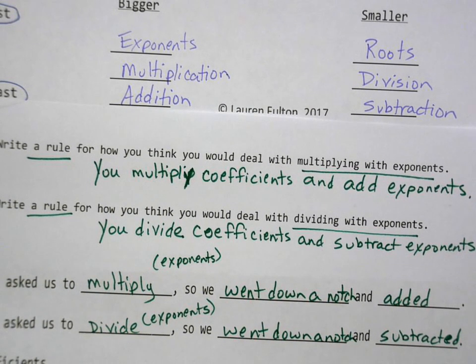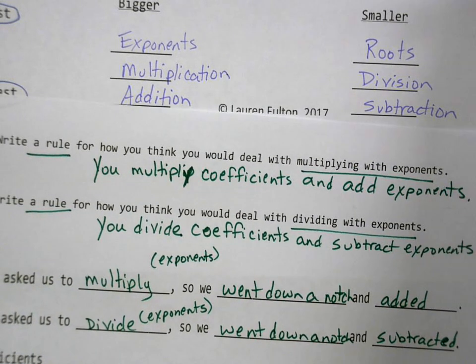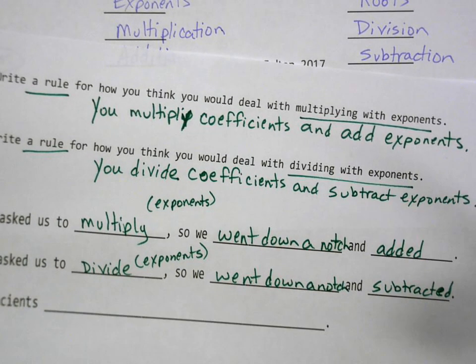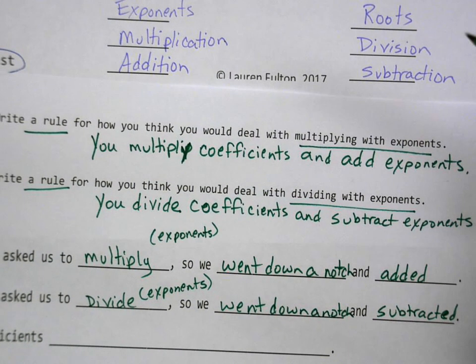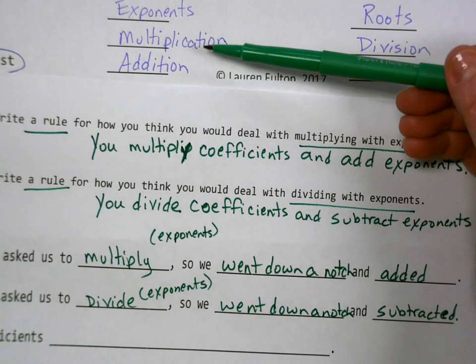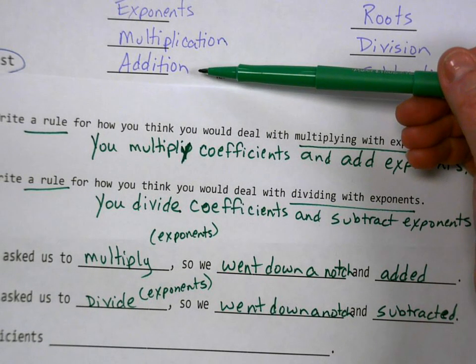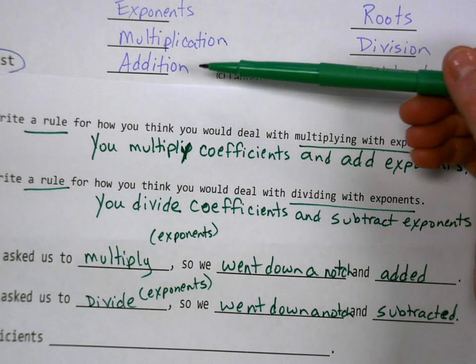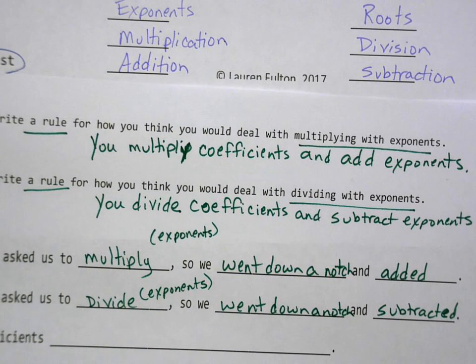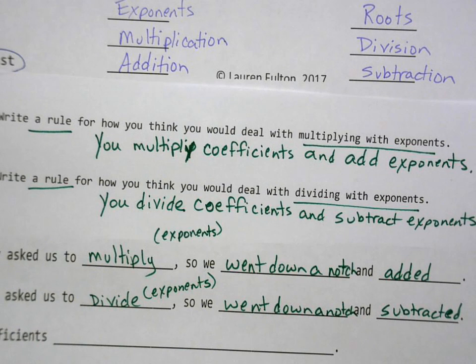Okay. So when you're doing operations with exponents, you actually apply the operation that's one less on our ladder run here.